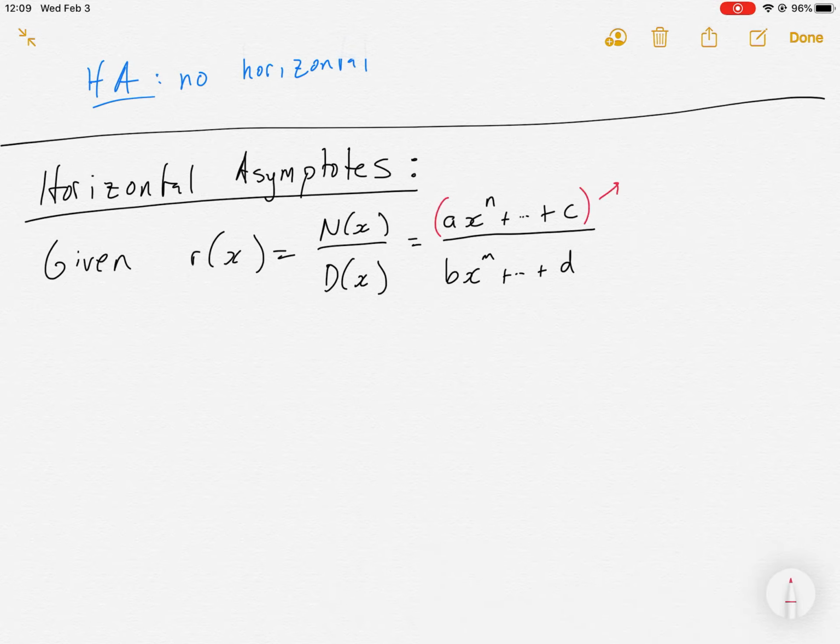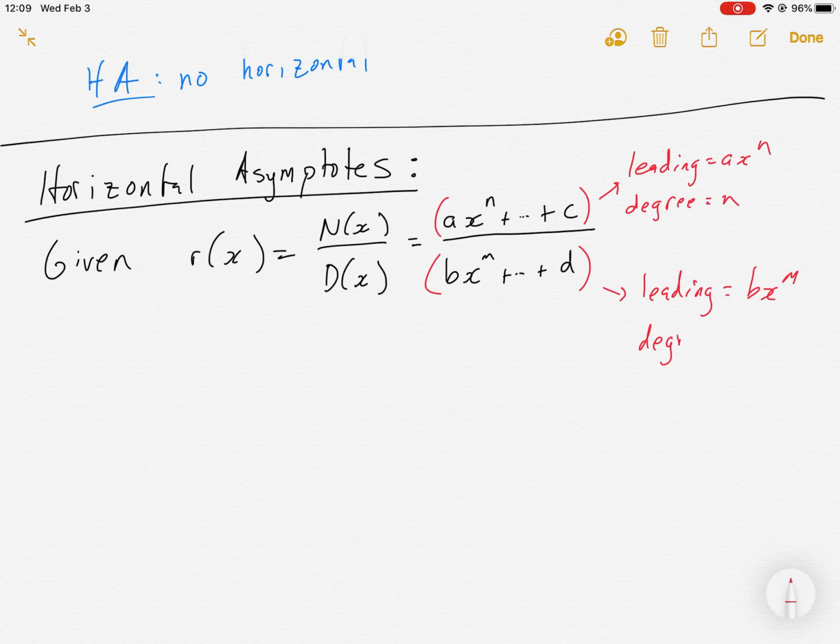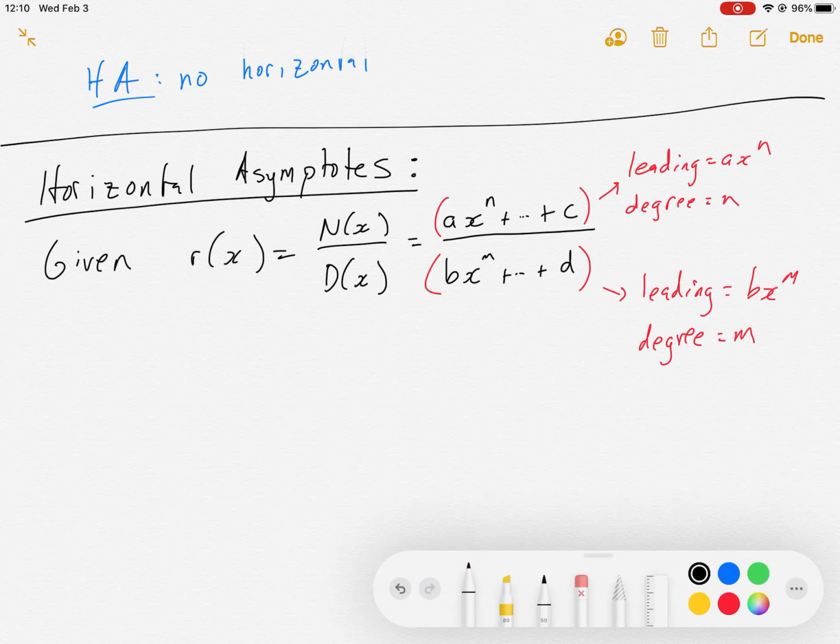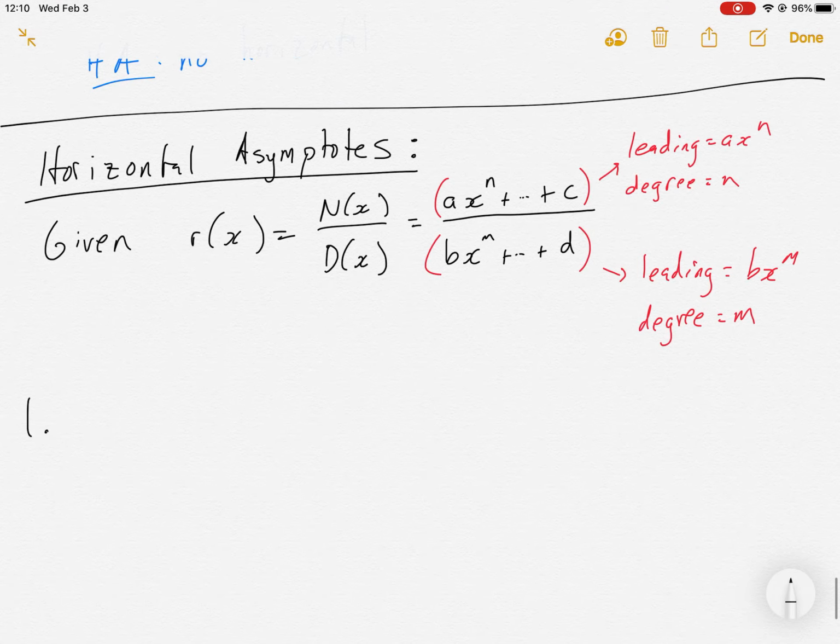So the polynomial in the numerator has leading term ax to the n, and its degree is n. The polynomial in the denominator has a leading term of bx to the m, and its degree is m. Okay, so 3 situations to think about.